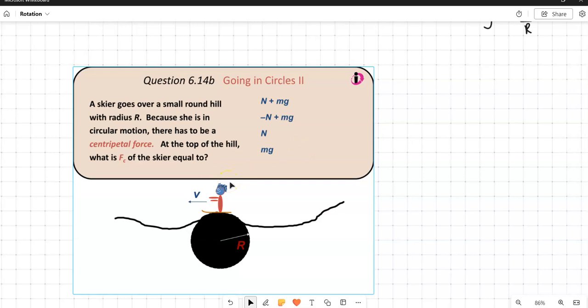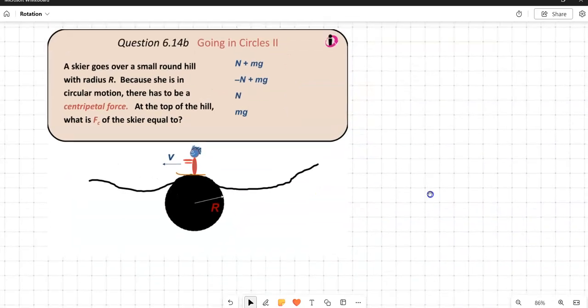So normally the normal force would just be holding up your weight. But when you go over a hump in the road, something interesting is going to happen. Okay, so we're going to write our little coordinate system. Here's our little skier.